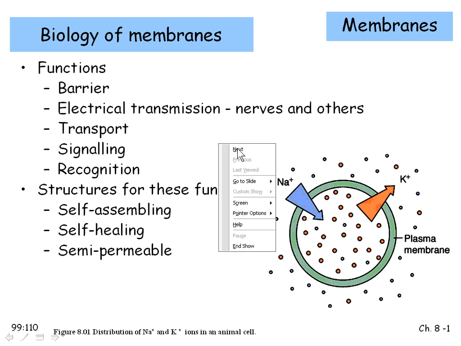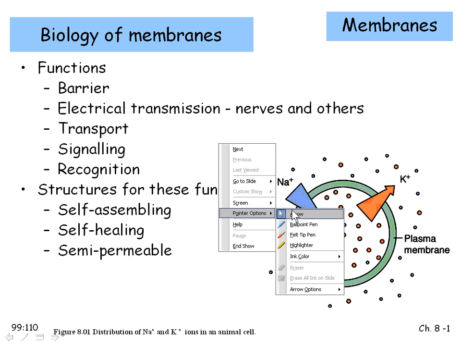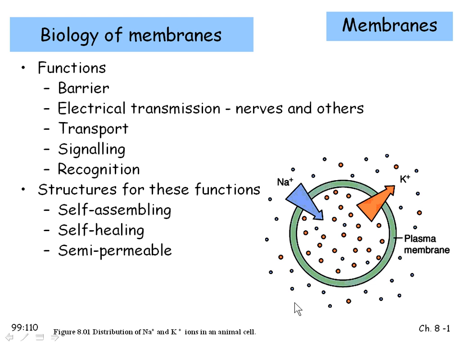So today we're going to start talking about one of the major groups of structural features or structural objects in living cells, and that is membranes. We've talked about nucleic acids and how wonderful they are for storing and transferring information.